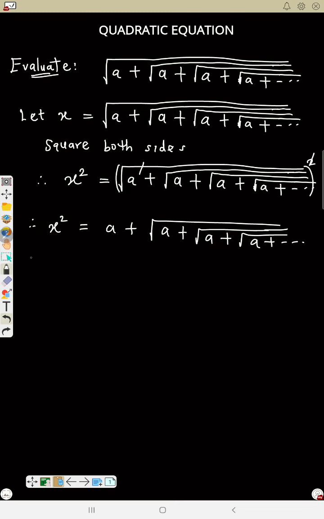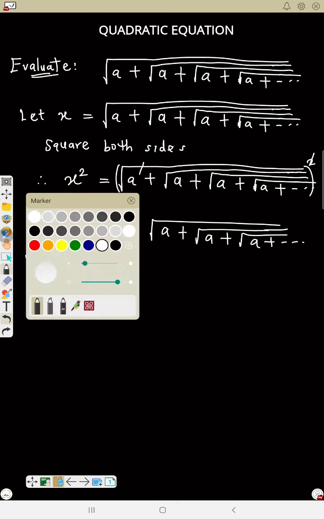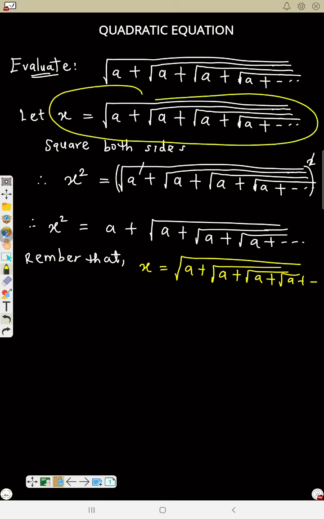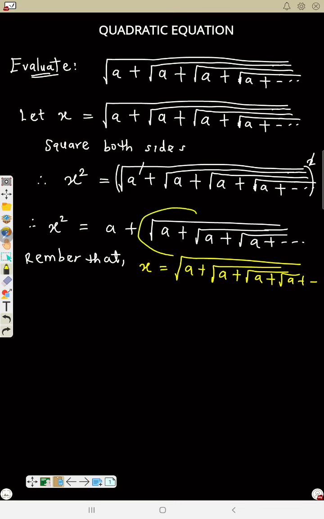But remember that x is equal to square root of a plus square root of a plus square root of a plus square root of a and so on. So x is this, that means all the values here can represent x.